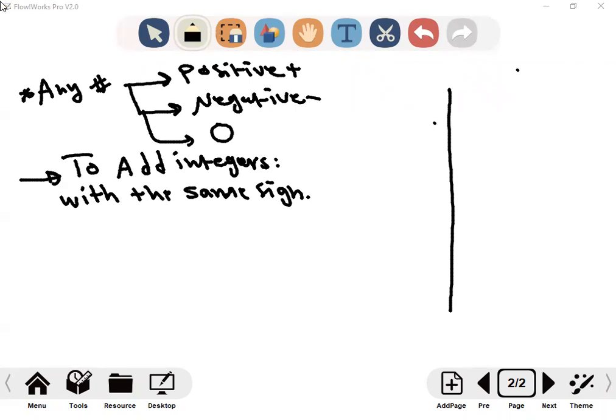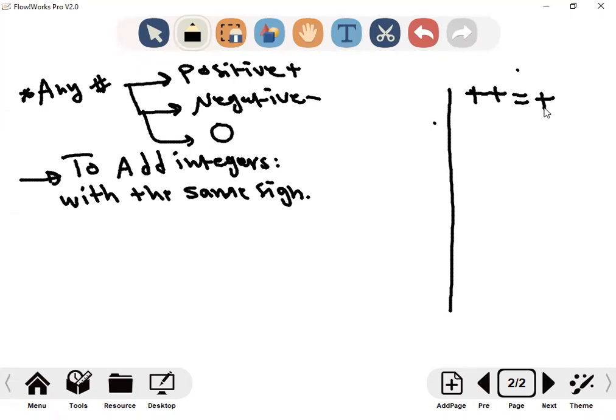Okay, sorry, guys. Now, again, if we have two signs following each other, we need to replace them with one sign. Deal? Deal. Means if we have two positive signs, we replace them with one sign, which is positive.